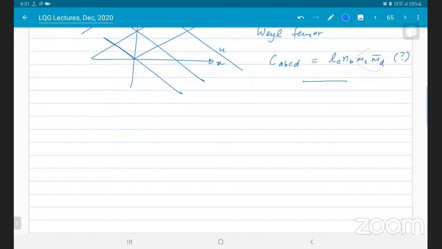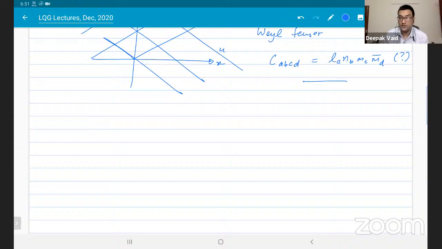These are linear combinations of some other vectors, and one is the complex conjugate of the other. For instance, it would be something like M is equal to Y plus iZ, and M-bar is equal to Y minus iZ. And that's how you get the four null directions. So Haridas sir was asking, how do you get four null directions? You have to take these complex linear combinations.